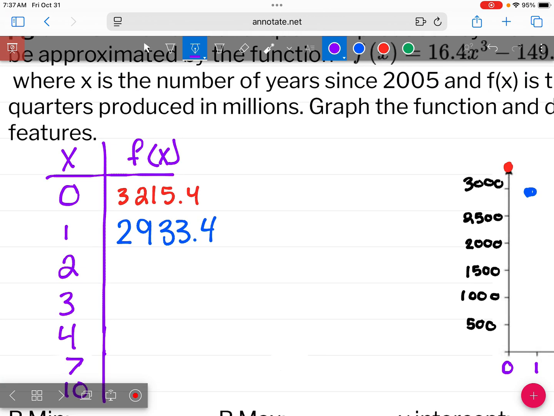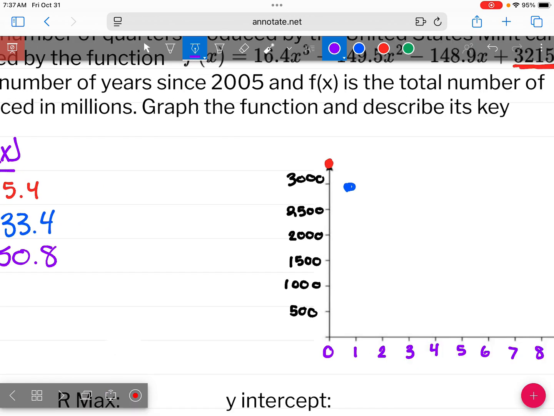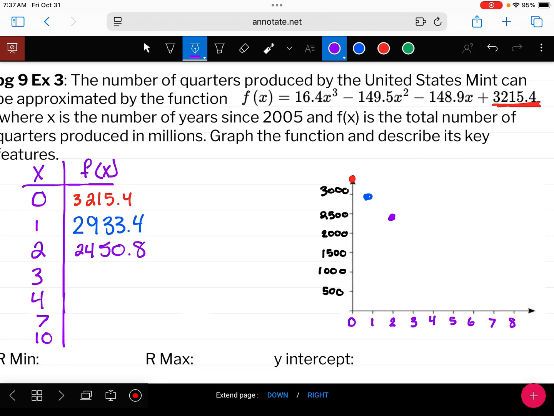For when x being 2, we get 2450.8. So we're a little bit south of 2,500. For 3, we should get 1,866.